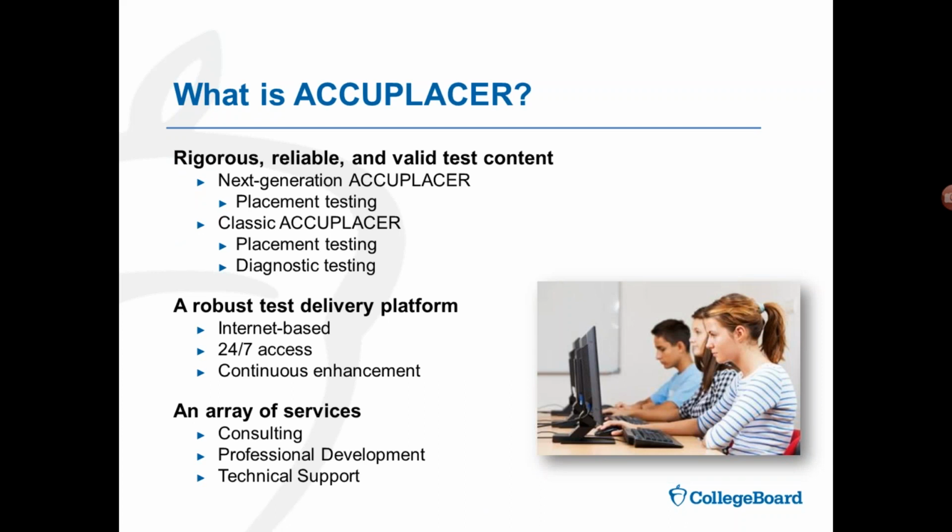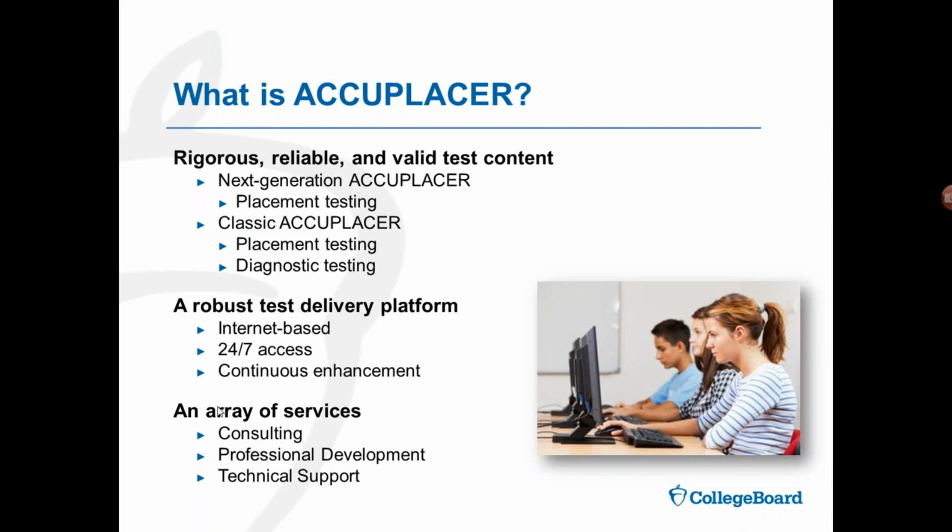The first is reliable, rigorous, and valid test content, including our newest test called Next Generation, which are used for placement purposes, as well as our pre-existing tests now called Classic, which are either placement into college-level coursework or diagnostic testing to understand the student's strengths and needs prior to placing in the college level.